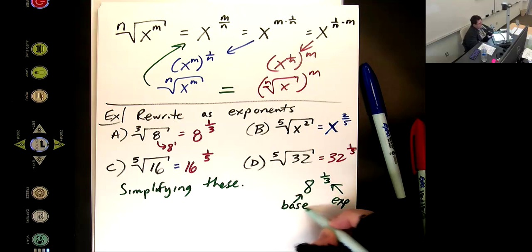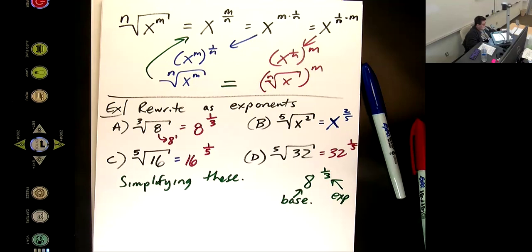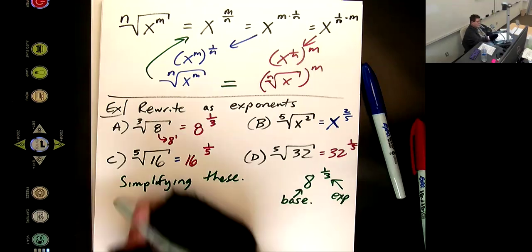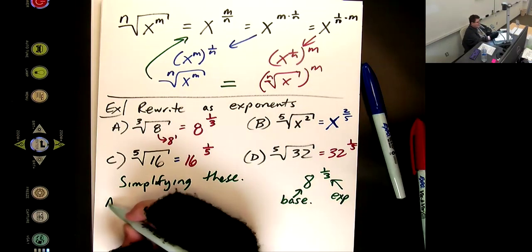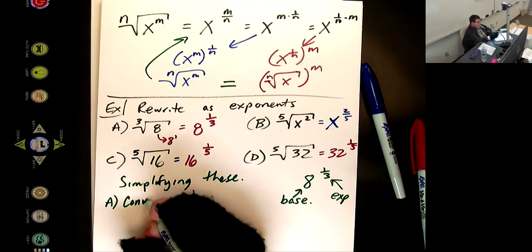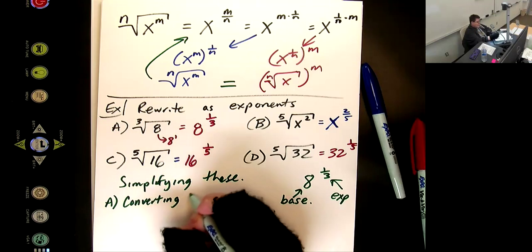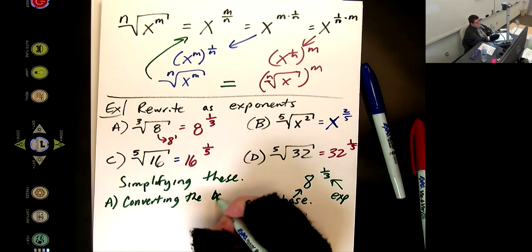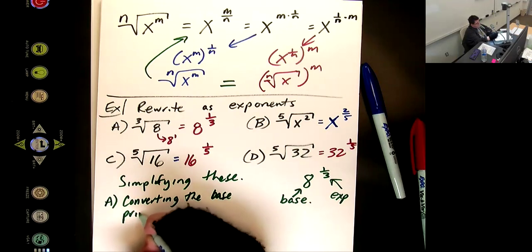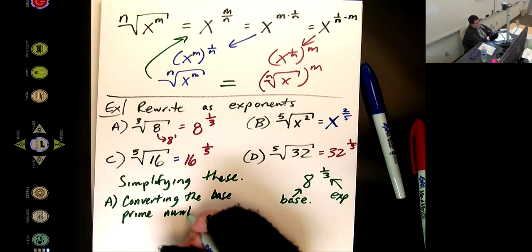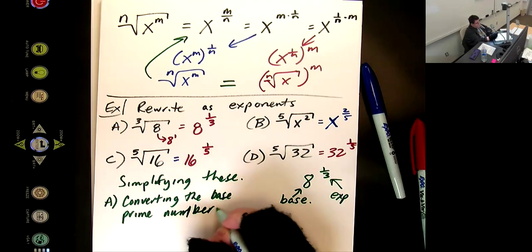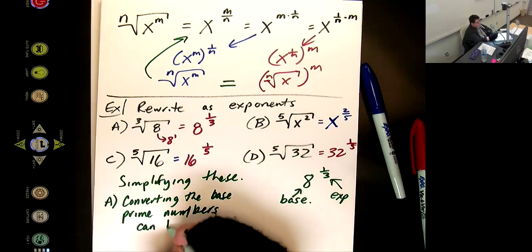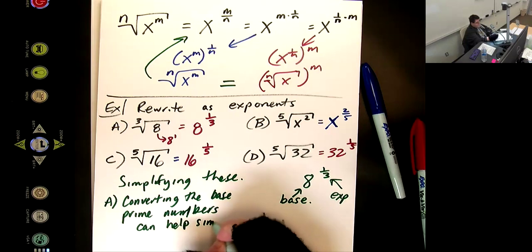I don't know that I've identified that as the base yet, but I'm going to reference it here. Simplifying these generally has converting the base to prime numbers, which can help simplify.